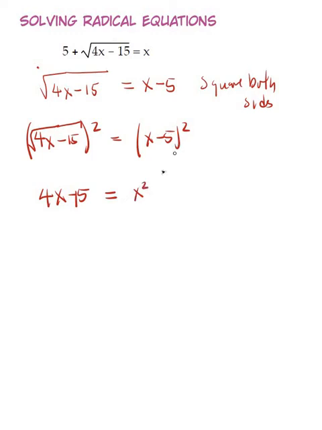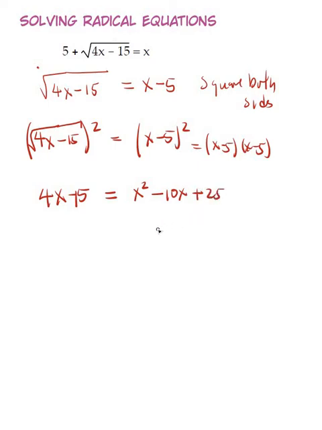You can solve this one because you apply the multiplication: x minus 5 times x minus 5. You do x times x is x squared. 5 times x is 5x. x times 5 is 5x, so it's going to be minus 10x. And negative 5 times negative 5 is going to be positive 25.